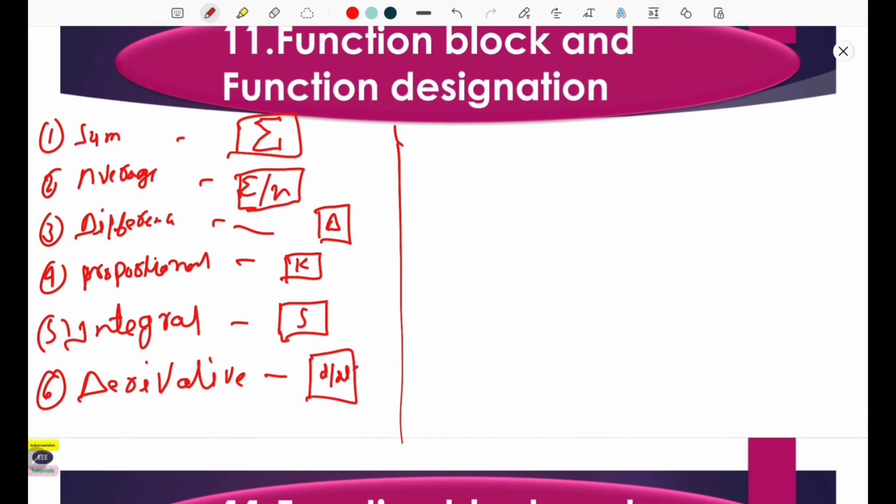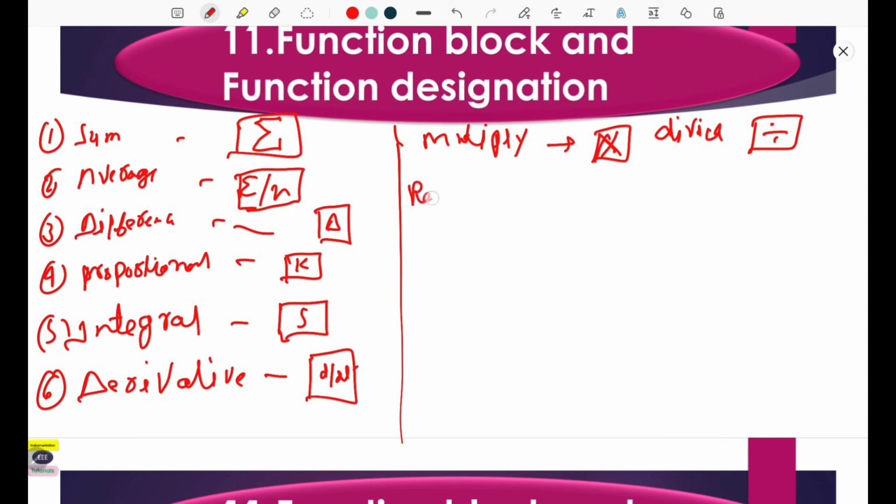Now other, if you want to divide, multiply, then this is used, cross and divide. This is very basic and simple.